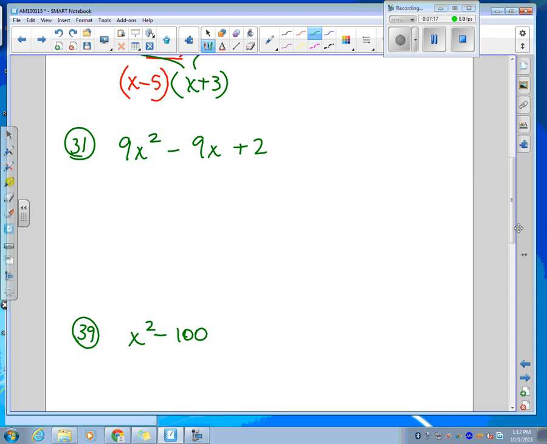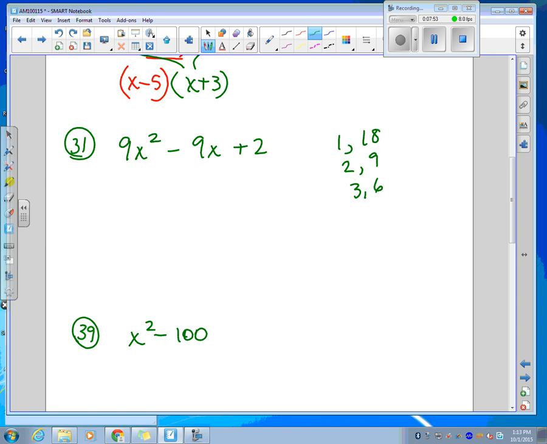This one has a leading coefficient of 9. So I'm still going to look and see if there are any common factors. This one is a 9, this one is a 9, but oops, we messed up, there's a 2. So no common factors. So this is a trinomial. So we're going to multiply 9 times 2, that's 18. Factors of 18 are 1 and 18, 2 and 9, 3 and 6. 4 won't go into 18, 5 won't go into 18, 6 is already on my list, so I know I'm finished.